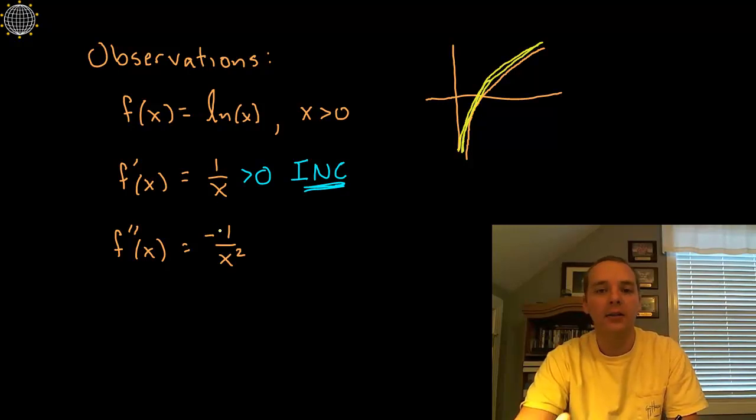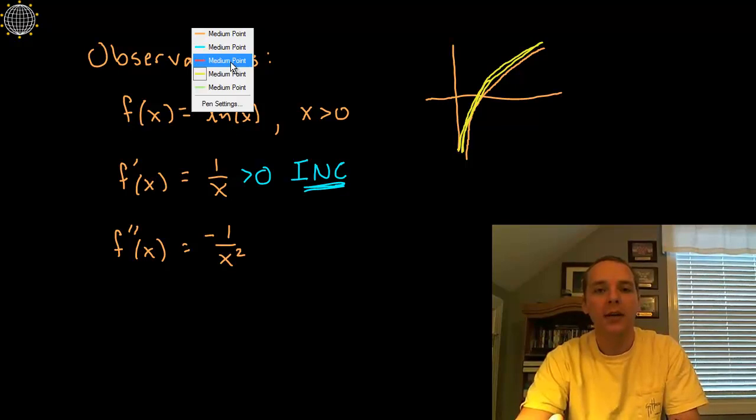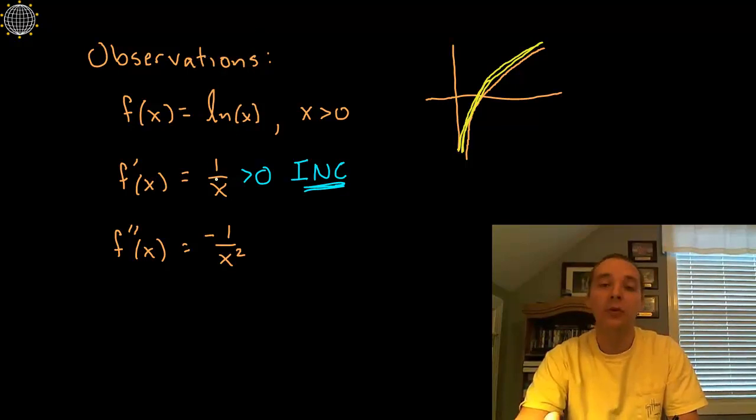All right, and second of all, if you look at the second derivative, the derivative of 1 over x would be negative 1 times x to the negative 2 if you rewrote this and used the power rule, which simplifies to negative 1 over x squared. If x is positive, and actually, matter of fact, even if it wasn't, negative 1 over x squared is always negative because you have a negative divided by a positive.